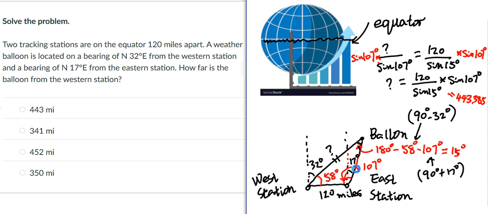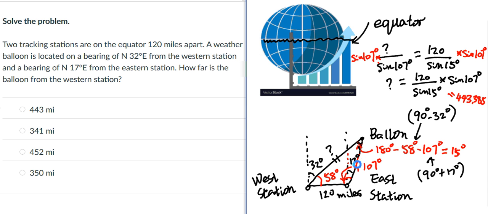The angle between this line and the dotted line, which points north, is 32 degrees to the east. So here is 32 degrees, and here is 17 degrees.